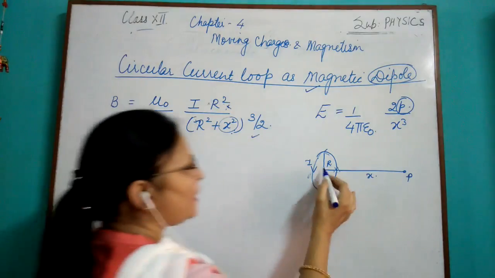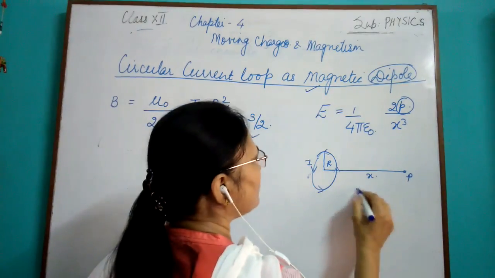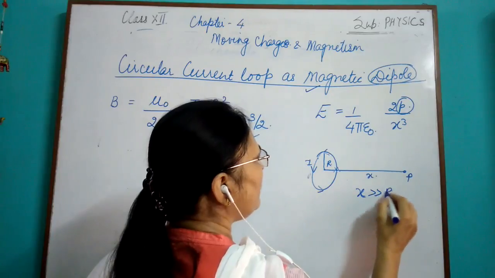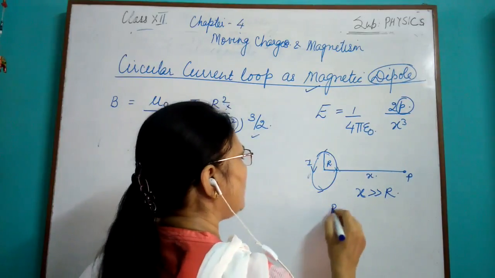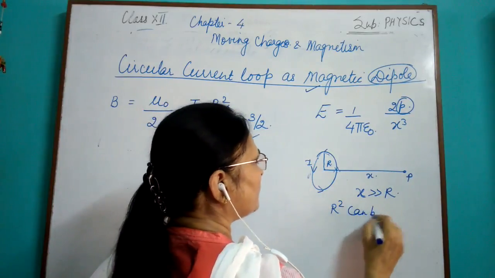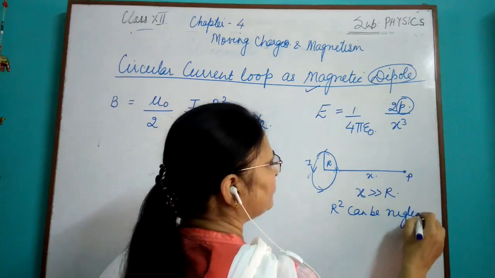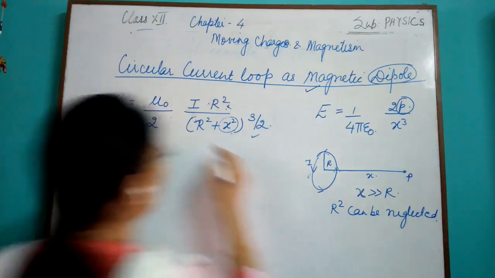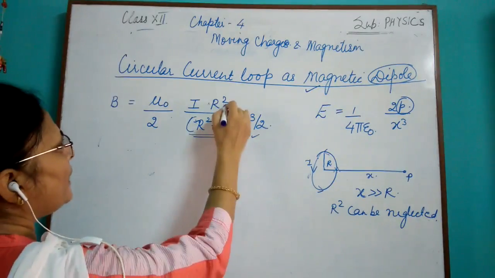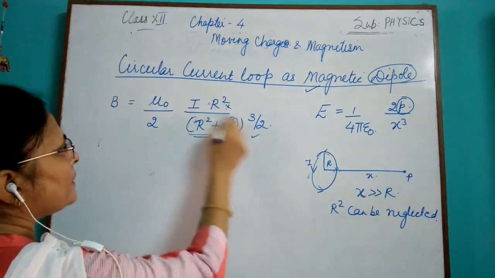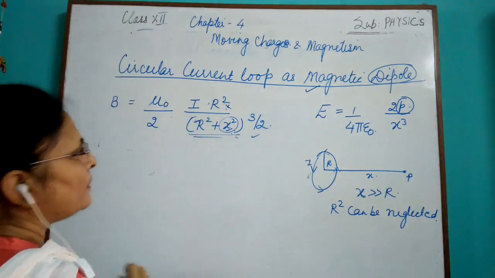Now if we take x to be very large in comparison to r, then r square can be neglected here. We will not neglect this, we will neglect it in this expression as x square is quite large.